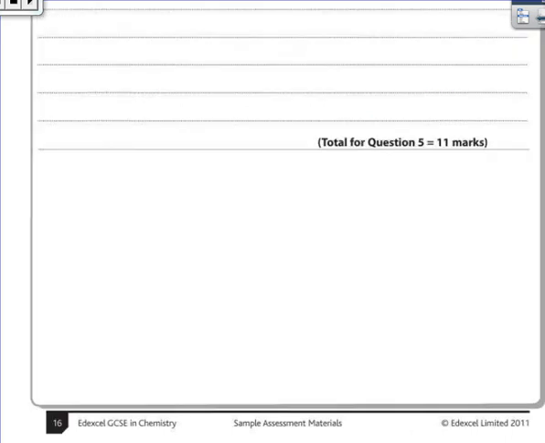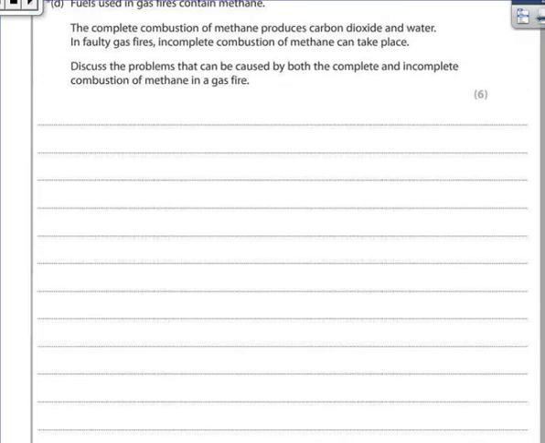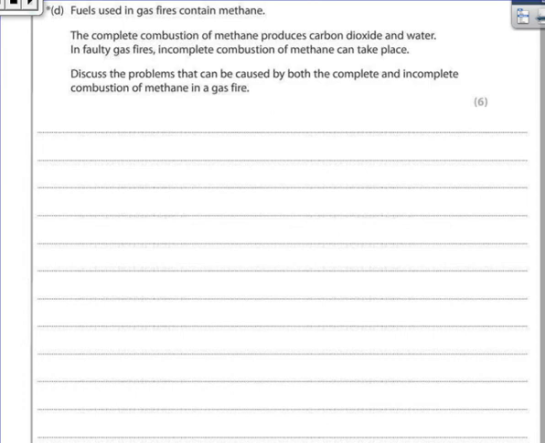Going back up, 6 mark question. We don't like these, but let's make it simple. It's asking about complete combustion and incomplete combustion. So I'm going to have 2 bullet points here.